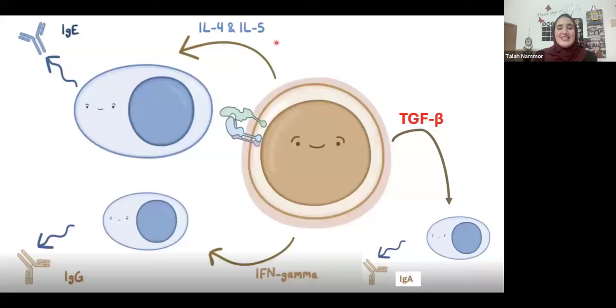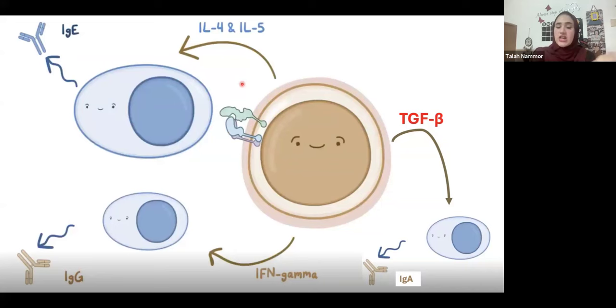Anyways, so this is a very important detail. Why? Because imagine even later on in your Step 1, they love asking these questions. They love interleukin 4 and 5, and the idea that if interleukin 4 and 5 are there, they might result in the formation of IgE. Okay, now another chemical mediator, interferon gamma.